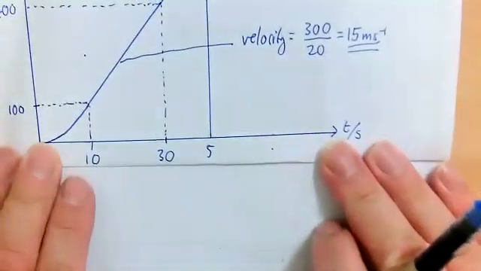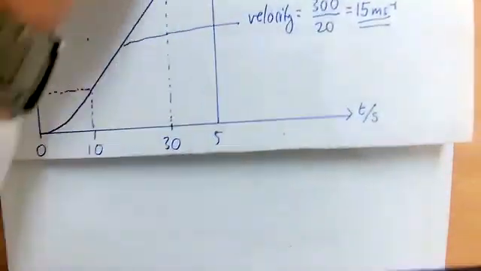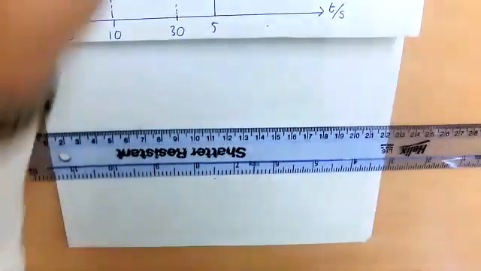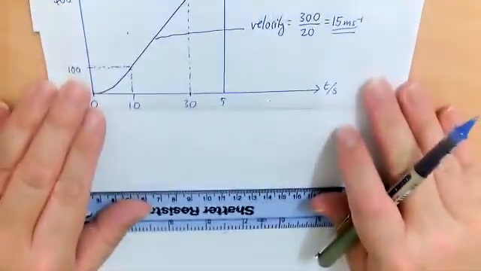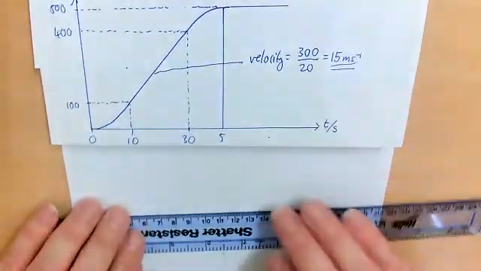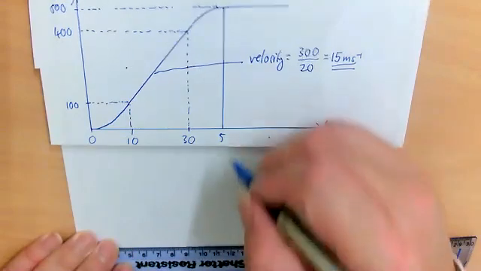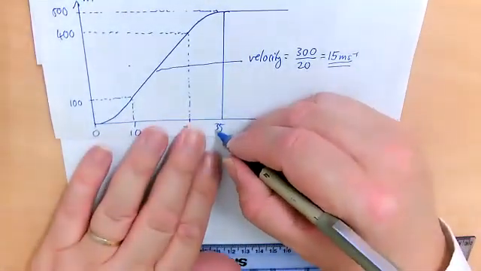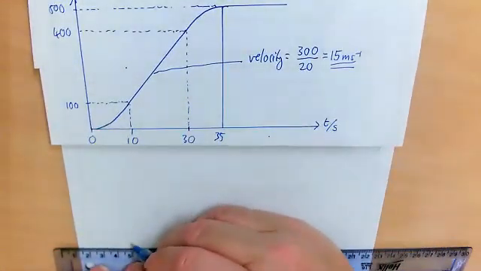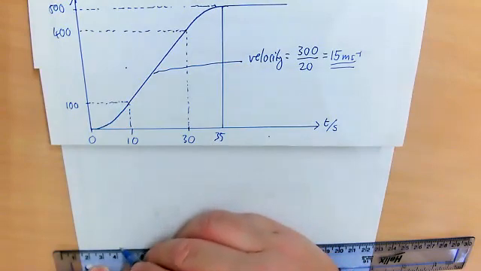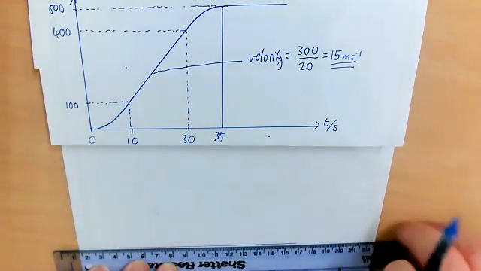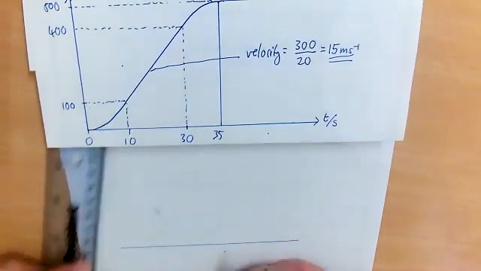So if I drew the equivalent velocity time graph, I'm just going to zoom out a tiny bit so we can get some. There we are. If I drew exactly the same time axis, because that makes sense, that's 35. Okay, there we are.